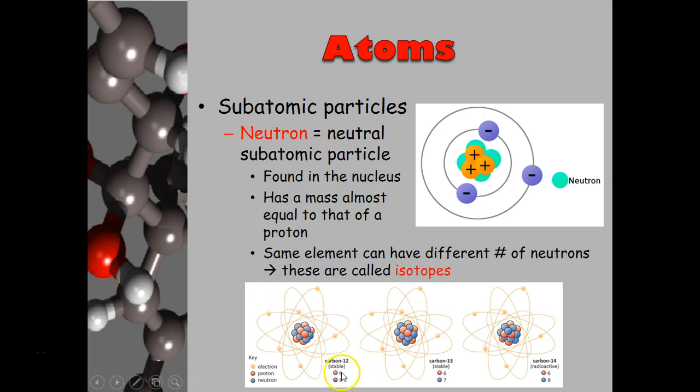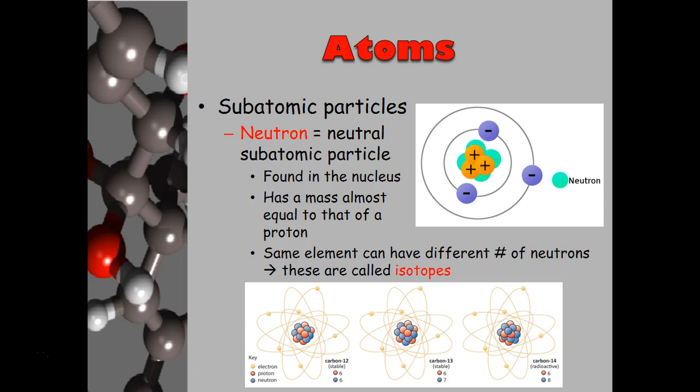So 6 protons in every single atom down here. But notice that this number changes. So carbon 12 has 6 protons, 6 neutrons. Carbon 13 is another isotope of carbon. Still 6 protons, which is what makes it carbon, but now I've got 7 neutrons.